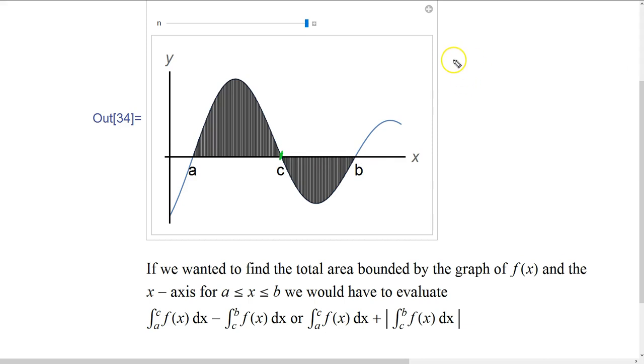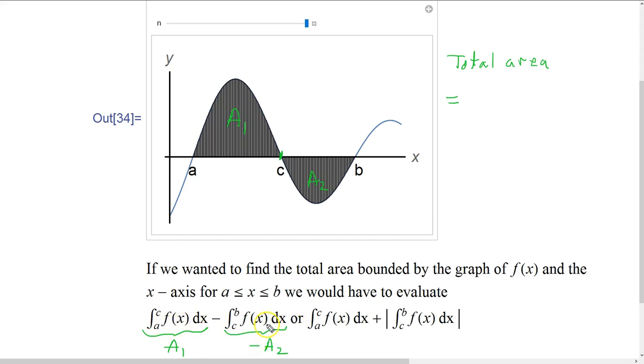Then we could say that the total area would be the definite integral from a to c of f of x dx. This part right here would be a1, that would give us this area. And then this area here, this definite integral, is actually negative a2.